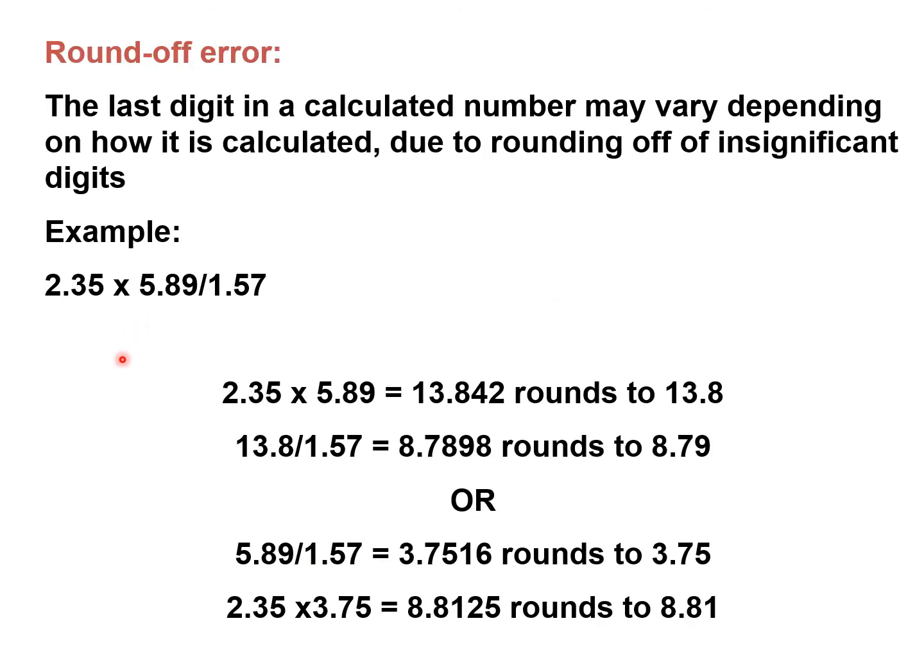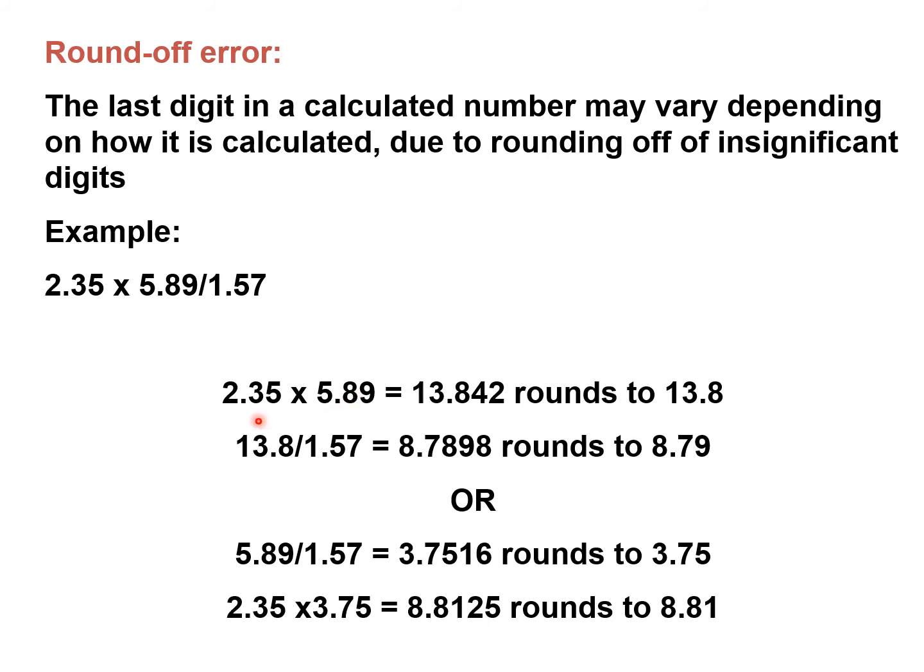Okay, the last digit for the round off error. The last digit in a calculated number may vary depending on how it is calculated due to the rounding off of insignificant digits. For example, when we have 2.35 times 5.89 divided by 1.57.